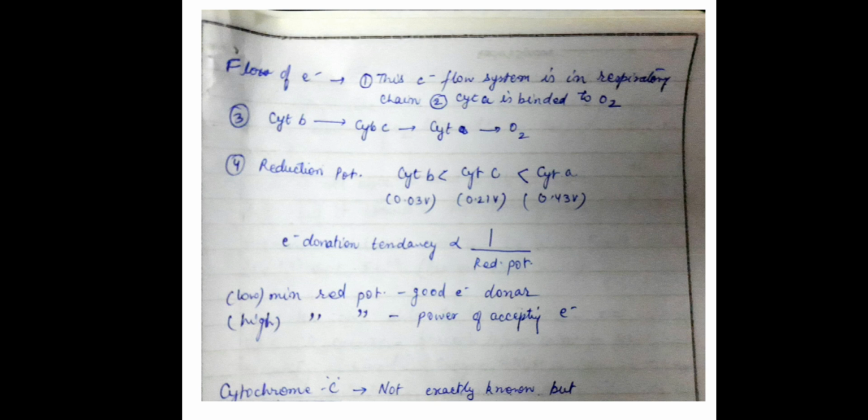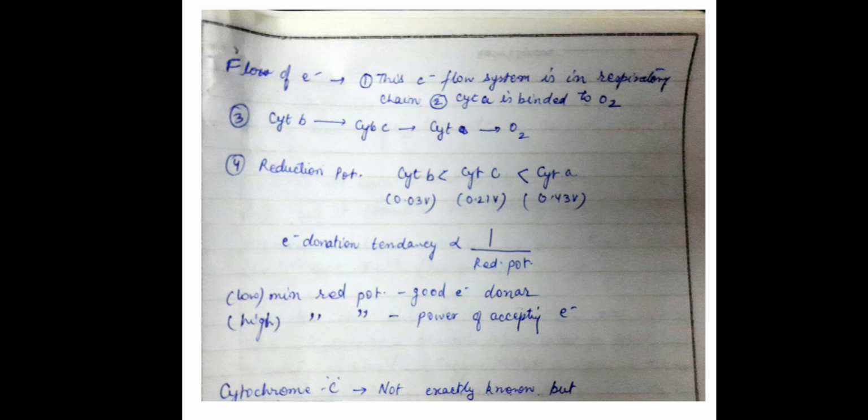This is again an objective type question. Now point 3: cytochrome B is activated first, it transfers electrons to cytochrome C, which transfers electrons to cytochrome A, and lastly the electrons are given to oxygen in the cytochrome chain.